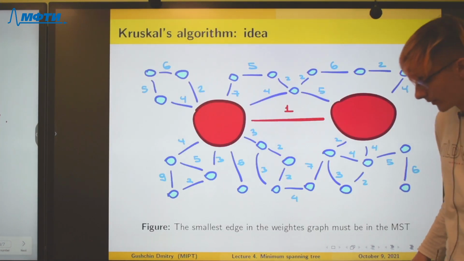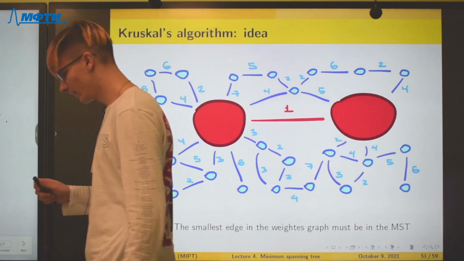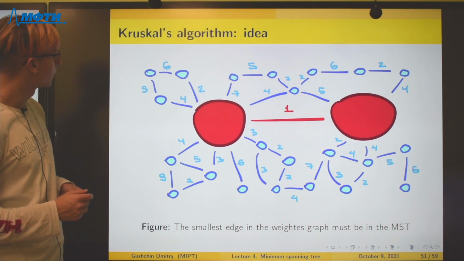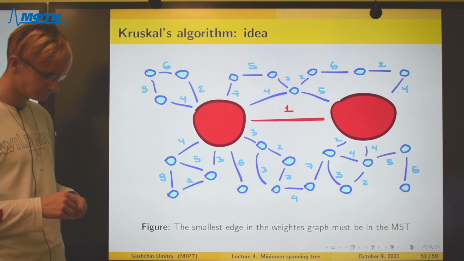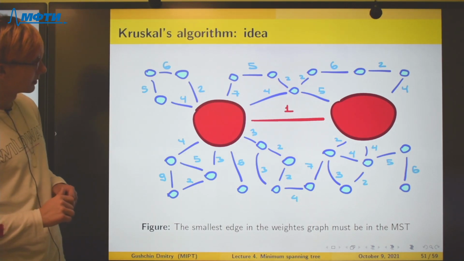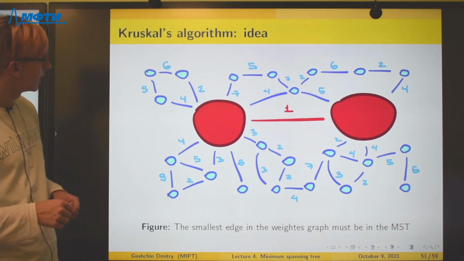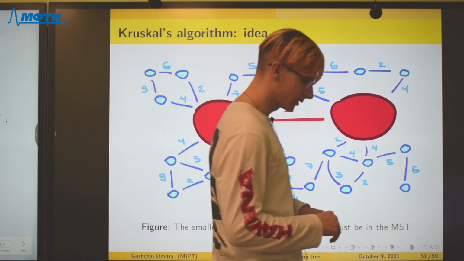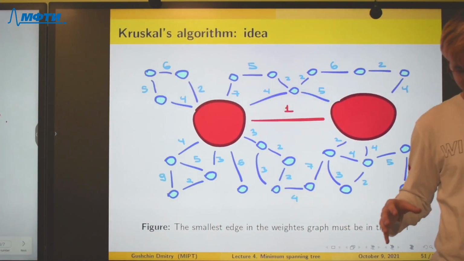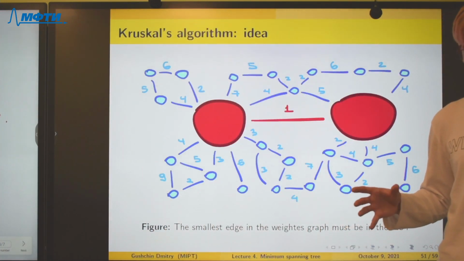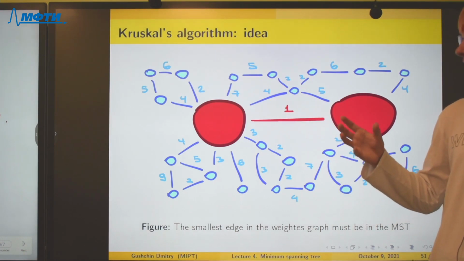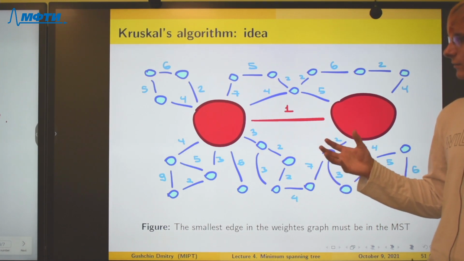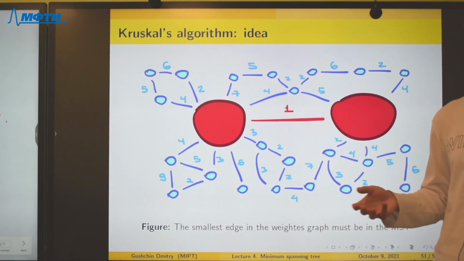So the last algorithm for today is Kruskal's algorithm. The idea of it is that we have Boruvka's algorithm, we have Prim's algorithm, and we can make a new algorithm as the union of them.